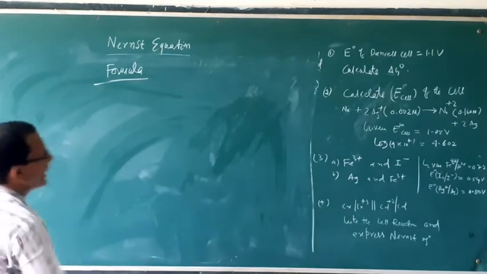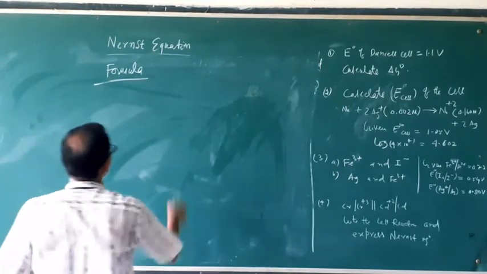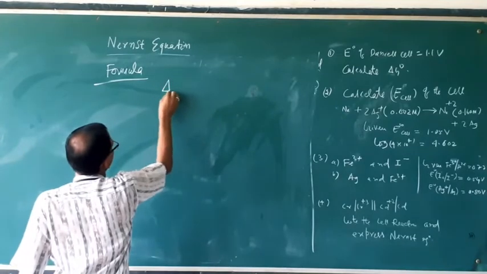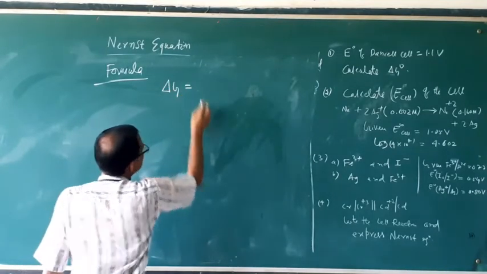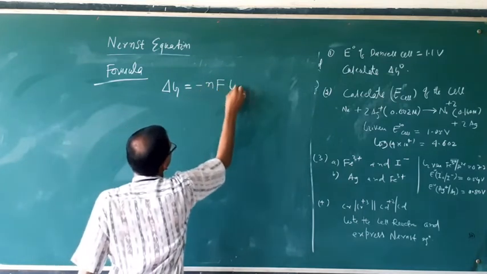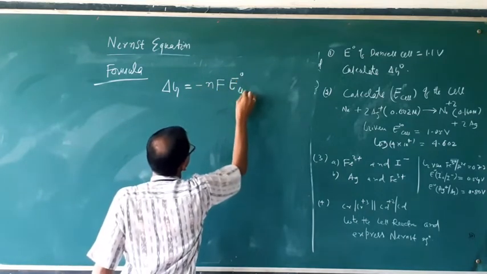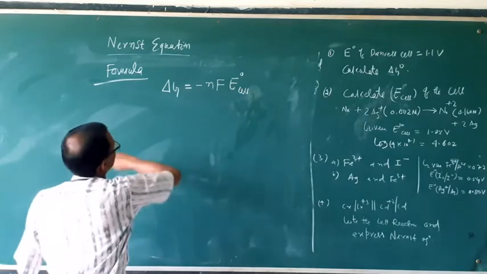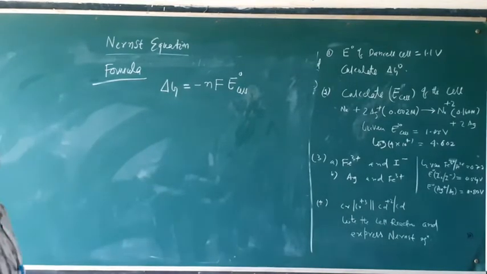Some extra formula that we know: delta G is called free energy. Free energy is equal to minus nFE naught.